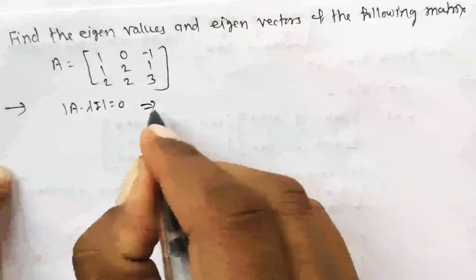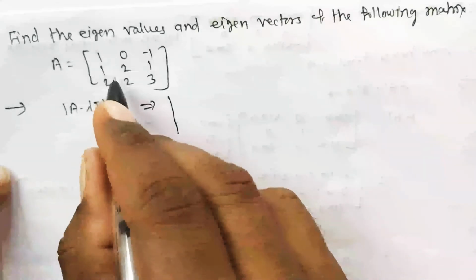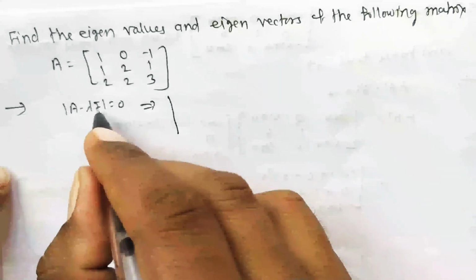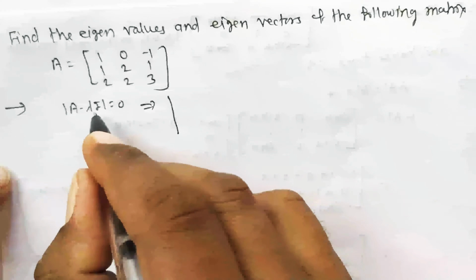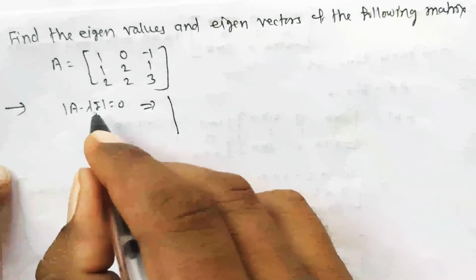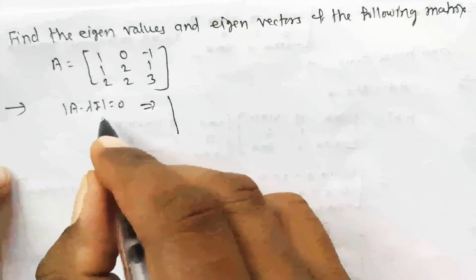Now how do we write determinant of A minus lambda I here? A minus lambda I means matrix A minus lambda into I, where I is the identity matrix of order 3 by 3, which we write as 1 0 0, 0 1 0, 0 0 1. So lambda I is lambda 0 0, 0 lambda 0, and 0 0 lambda.